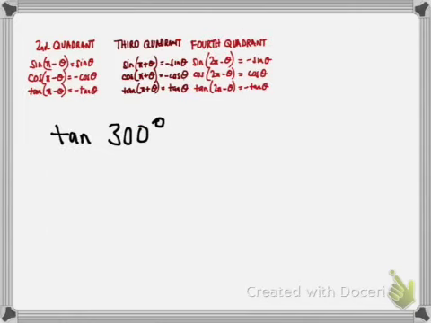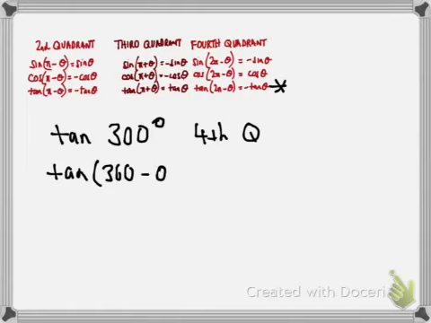Fourth quadrant. So what rule am I after? I'm after the fourth quadrant tan rule. There it is, asterisk next to it. Once again, instead of using 2 pi, I'm going to use 360, same thing. So the rule I'm using is tan of 360 minus theta equals negative tan theta. Once I've identified my rule, I just copy it out, replacing 2 pi with 360 because it's a degrees question.